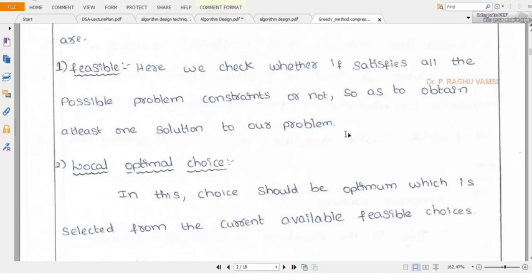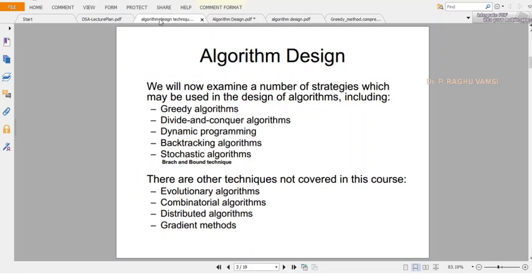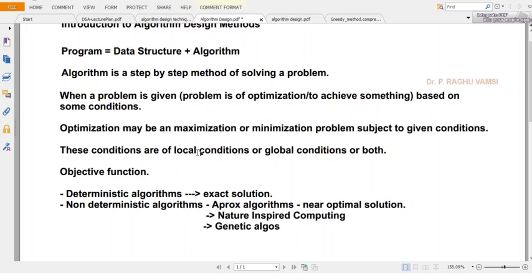So whether the function can be satisfied or not, and whether we will obtain at least one solution to our problem or not, will be checked in the feasibility property. Local optimal choice: as I told you, there are local conditions and global conditions. Local conditions and global conditions must be met to achieve this particular optimization.